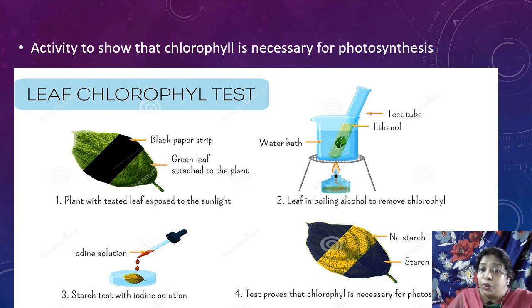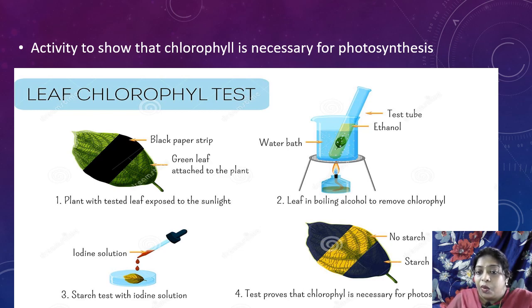Once it cools down, just take out the leaf, and you can notice the decolorization of the leaf. Now to that you can add 2 or 3 drops of iodine solution. So, a starch test with iodine solution: test the leaf for the presence of starch using the iodine solution.